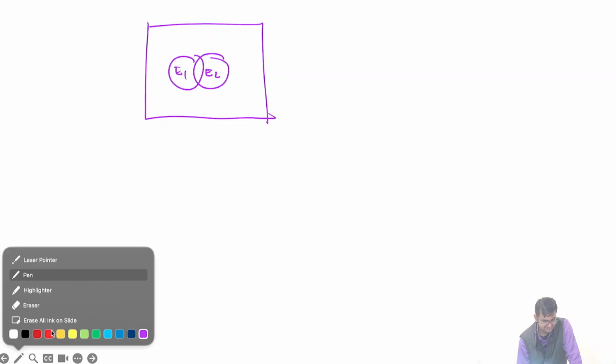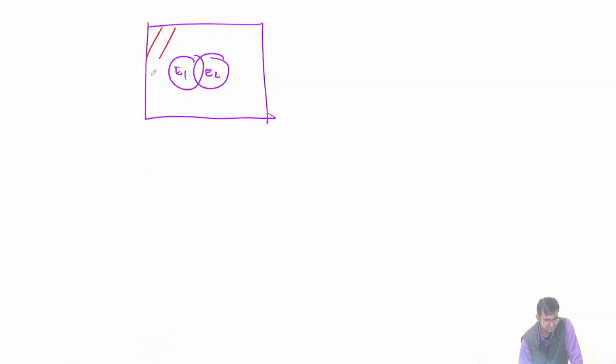This formula again you can derive from set theory. This is E1, this is E2. I am saying what is the area where E1 has not occurred and E2 has not occurred. What is that area? This whole area, right? You agree, right?